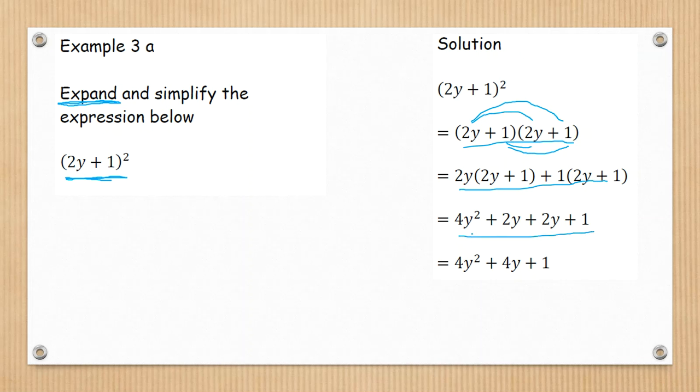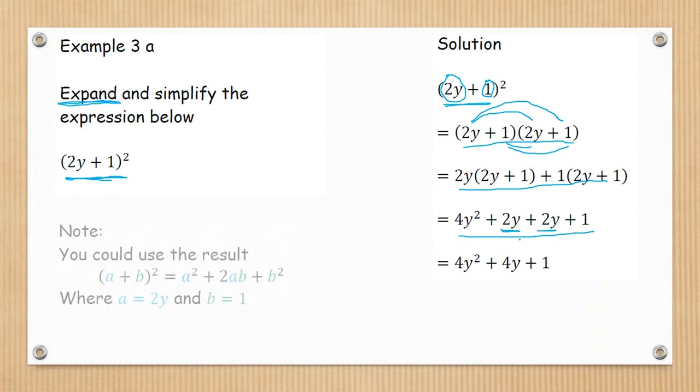So you're always going to have the 2y squared, this part squared, which gives you 4y squared. You'll have 1 squared at the end, and then you'll multiply these two things together and double it. So 2y times 1 and then double it, because you can see that we have the 2 here. So this would be the long way to do it.